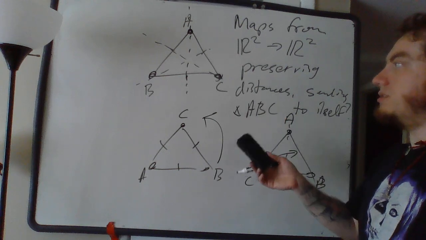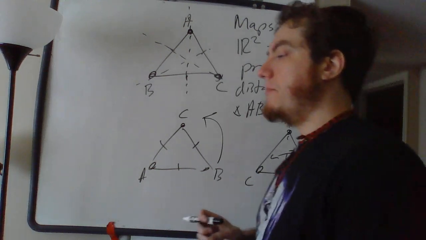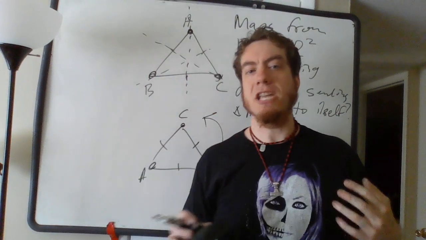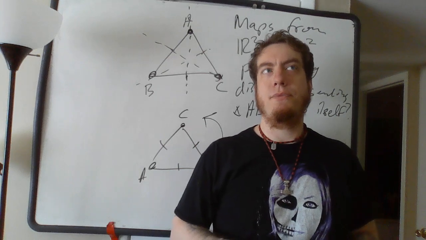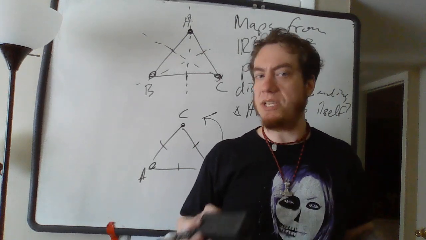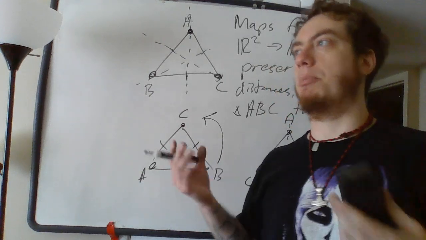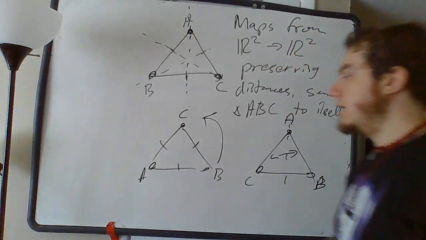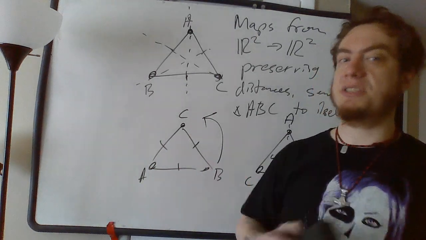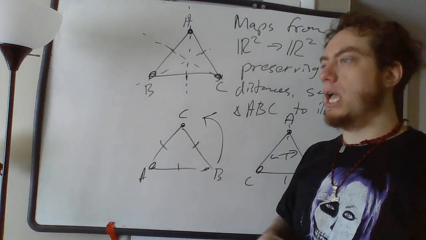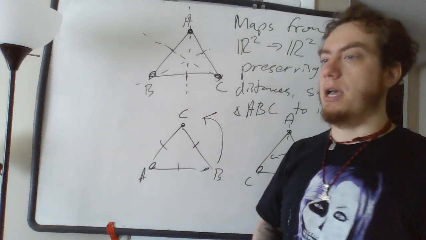And this is one of the reasons why people started getting interested in groups, because if you look at transformations that preserve some nice properties of a set, they pretty much are always going to form a group. Assuming that we're talking about reasonable structure on the set, then the functions that preserve that structure, if you compose them together, they still preserve the structure.